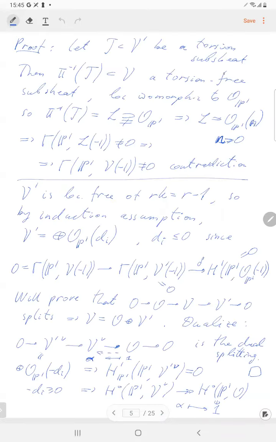But here you see it consists of locally free sheaves. That's what is important. We took some pain to prove that V prime is locally free. And for locally free sheaves, you can dualize because this is locally split, as we argued last time.